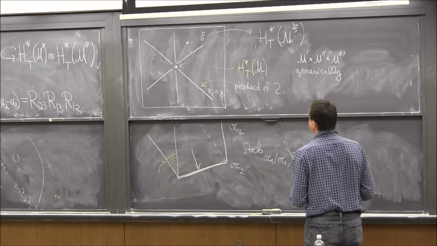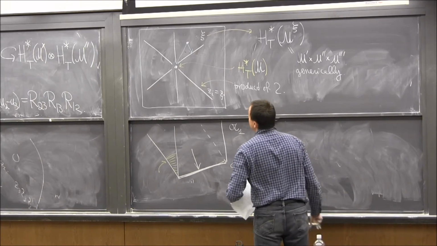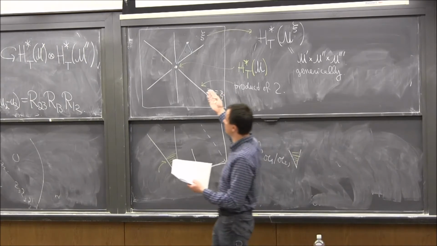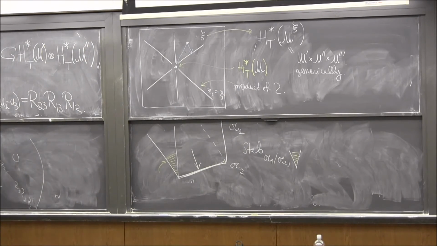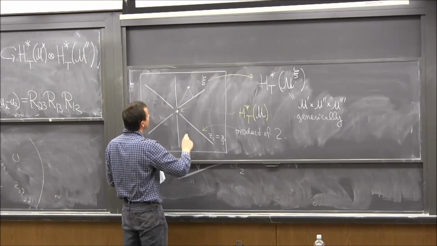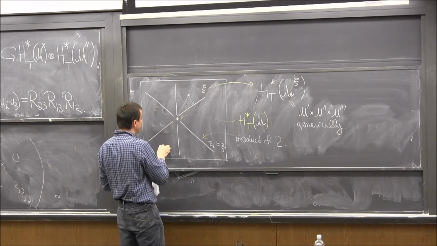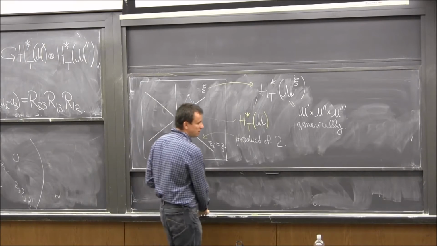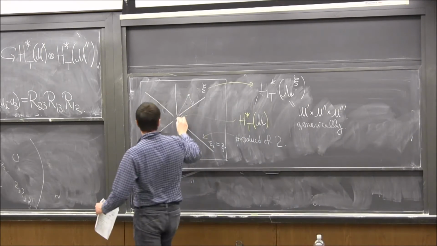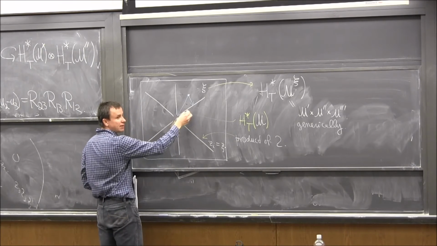And so if you look at this diagram, you'll see that these two sides tell you that if you want to go from a generic point here to the generic point in the opposite chamber, you take the stable envelope and then the inverse of the stable envelope to get here.